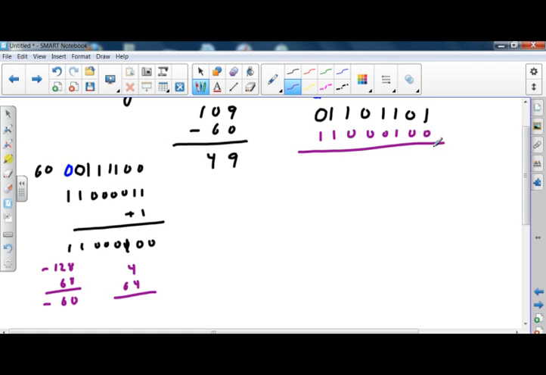Then we add 1. The front number is negative, so we complement it first. All the ones become zeros and all the zeros become ones. That's what complement means. And then we add 1.